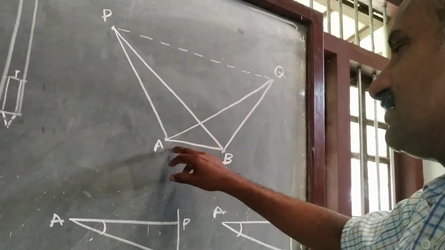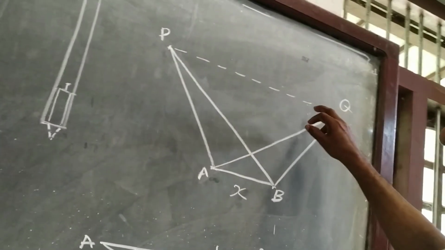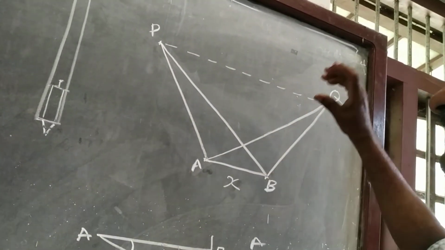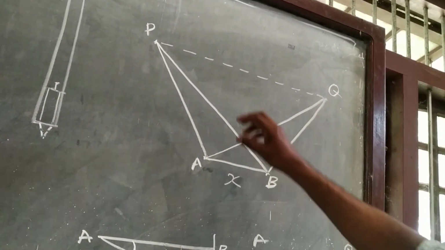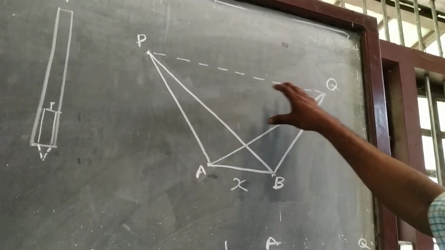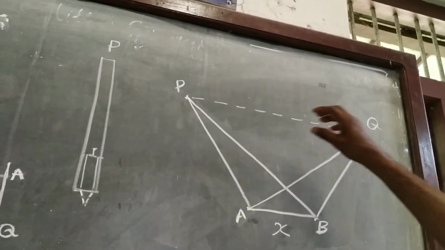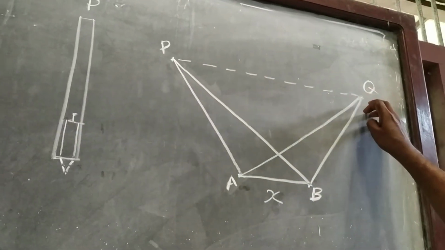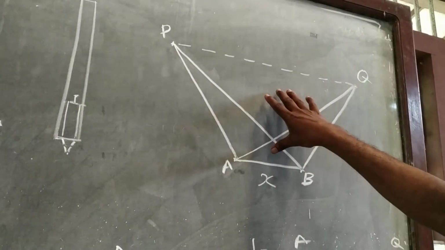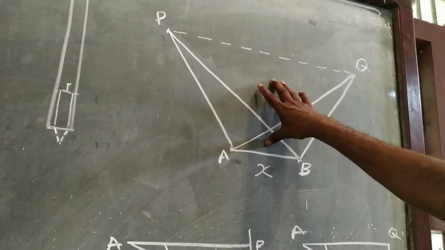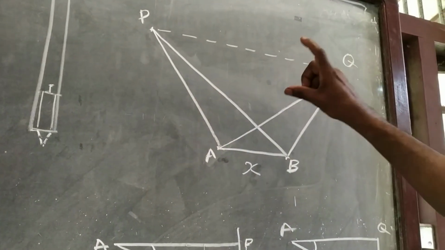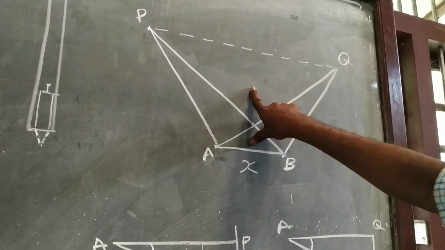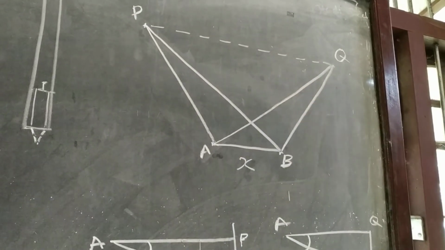Yesterday our problem was the distance between two inaccessible points. Today the additional problem is the distance between two inaccessible points plus the level difference between them. You can solve this problem by using horizontal angle observations as well as vertical angle observations.